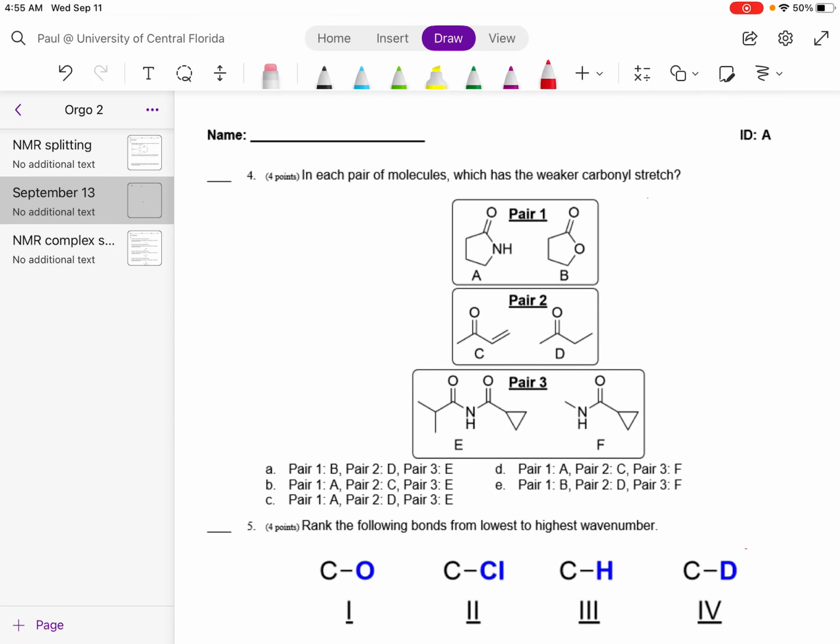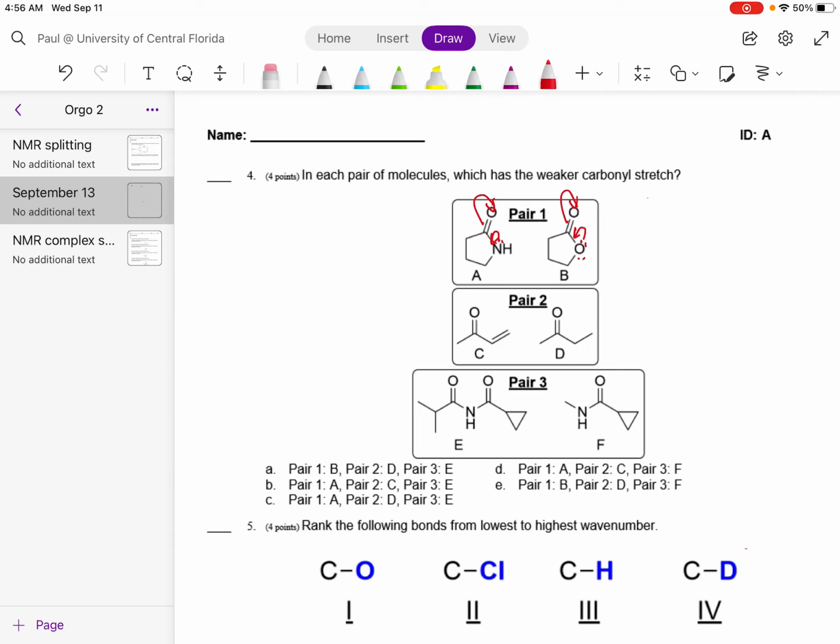In each pair, which one has the weaker carbonyl stretch? Well, pair 1, you have to say which atom, this nitrogen or this oxygen here, which one is more willing to donate its electron density in, like that.